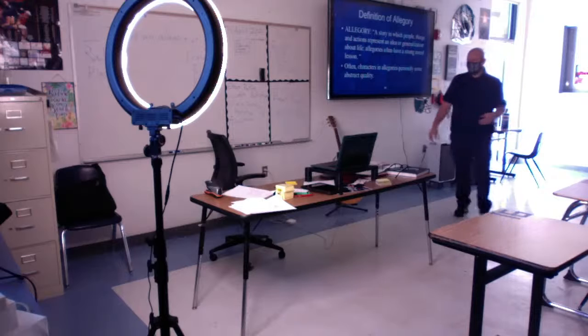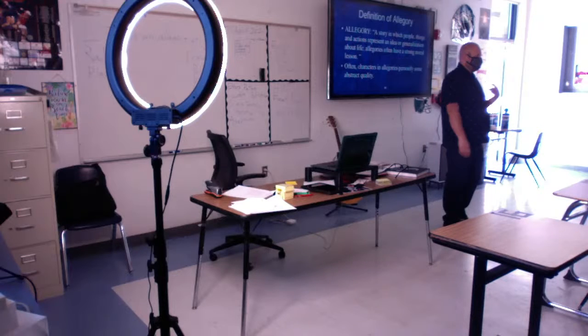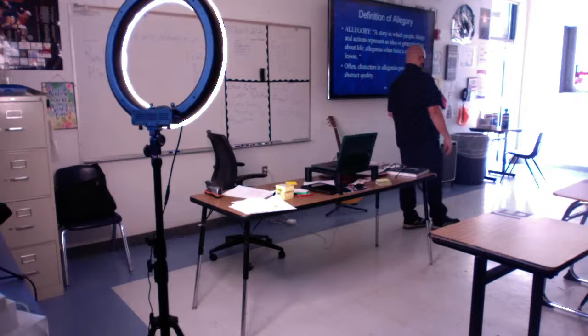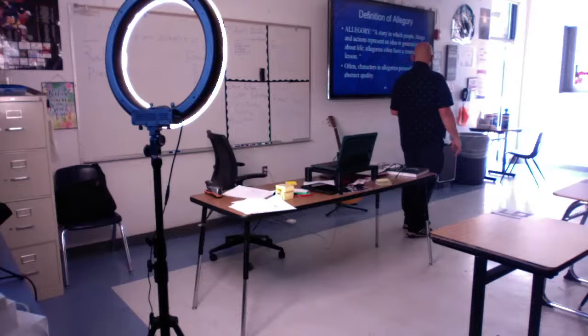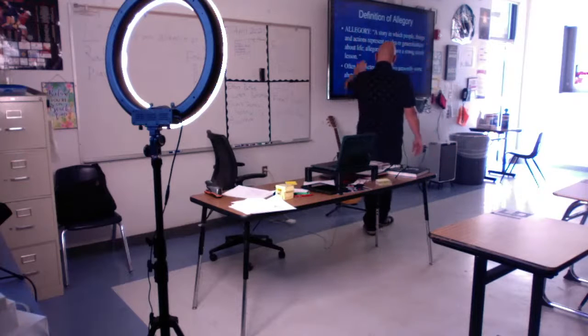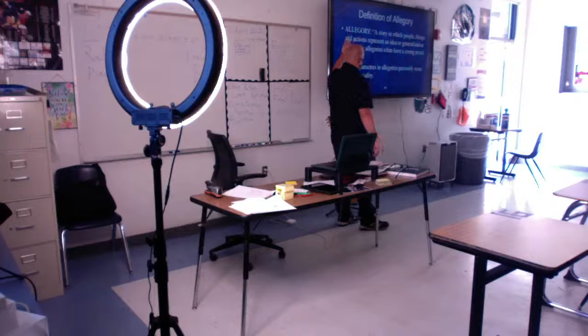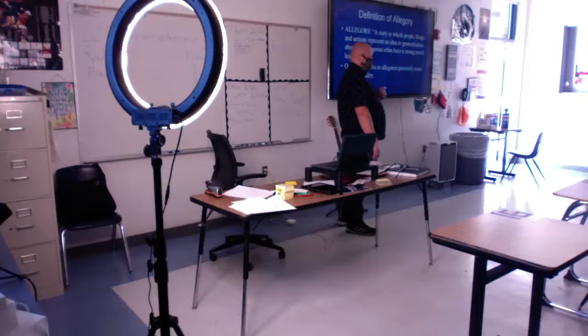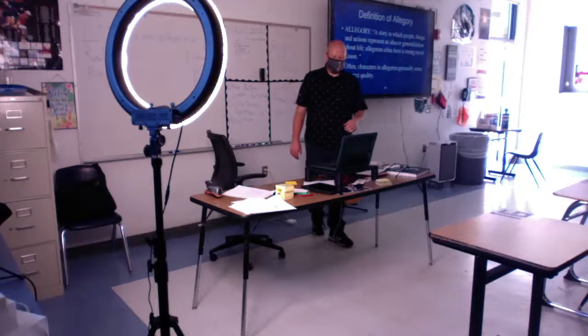So I'm going to give you a little overview of a few of the types of allegories we're going to be looking at in the book. Like it says up here, it's basically where the story represents an idea or a generalization about life. There's usually a strong moral lesson, something that we all learn from the story. And the characters, again, are also representing something about the metaphor.